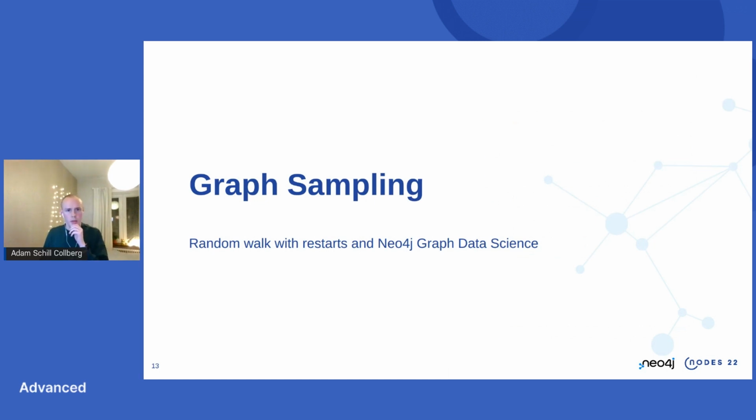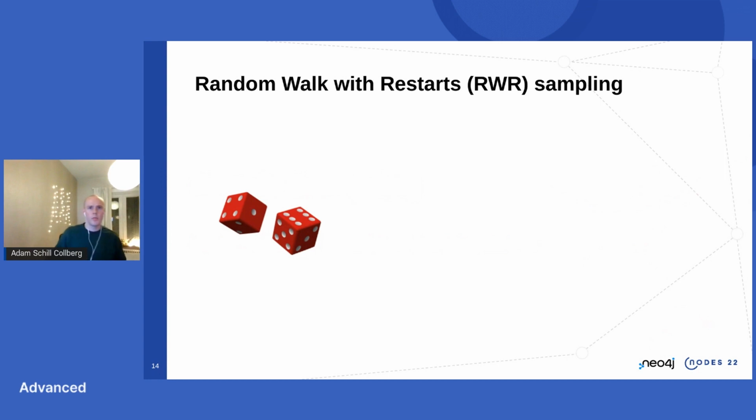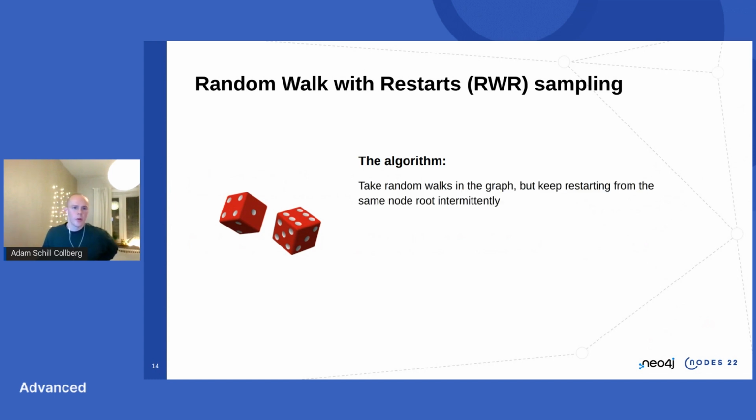Okay, so now let's talk about graph sampling. How would we do this? So one approach is to use random walk with restarts. That's one sampling algorithm, and it's actually very simple. What we do is we start somewhere in the graph, we choose a root node, and then we just take random walks from this root node.